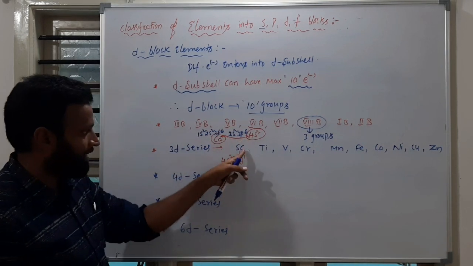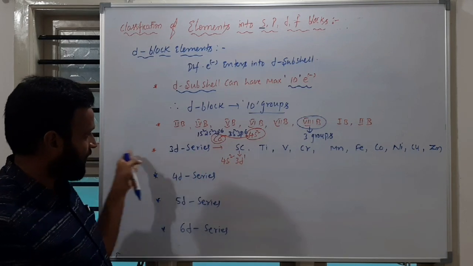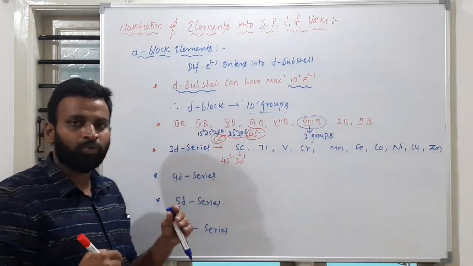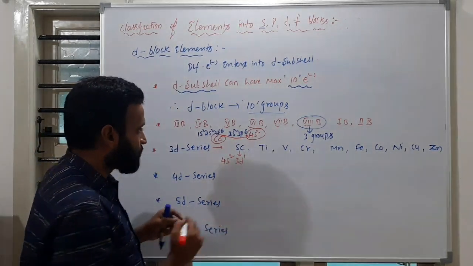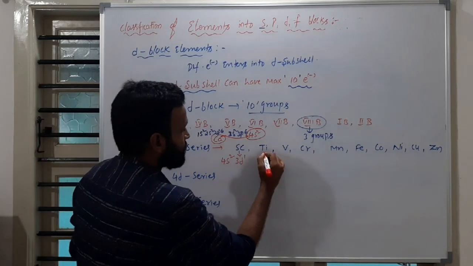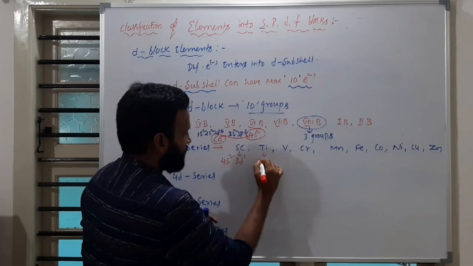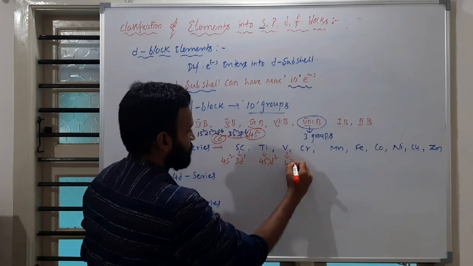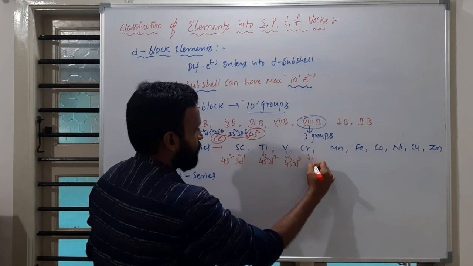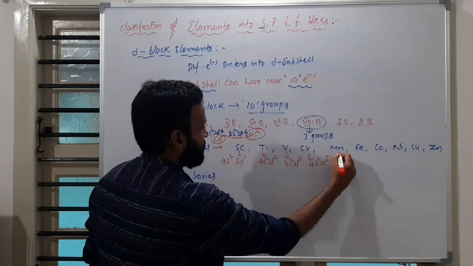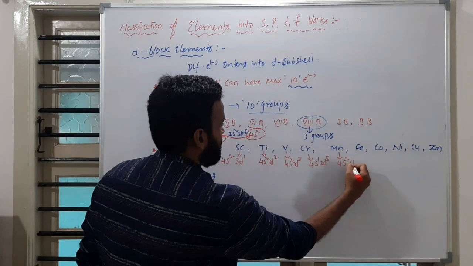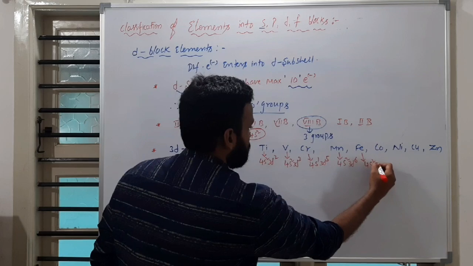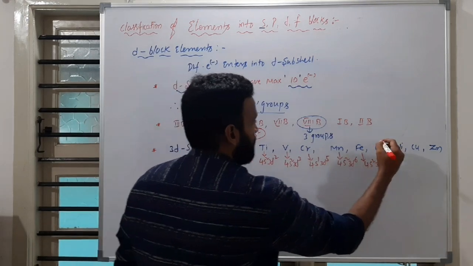After calcium, scandium comes, with atomic number 21. So the scandium configuration is 4s2, 3d1. Correct? I am representing the last shells. From 4s2 I am writing scandium. Before this 4s I am not writing all the subshells, because electronic configurations up to 30 elements we discussed already. So scandium is 4s2, 3d1. Titanium is 4s2, 3d2. This one 4s2, 3d3. This one 4s1, 3d5. This one 4s2, 3d6. Iron 4s2, 3d7.